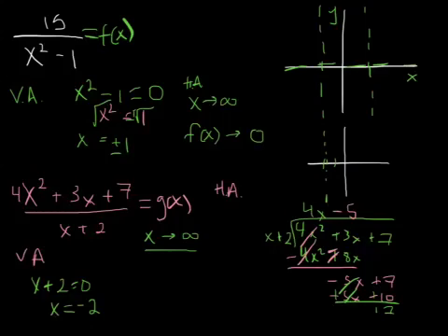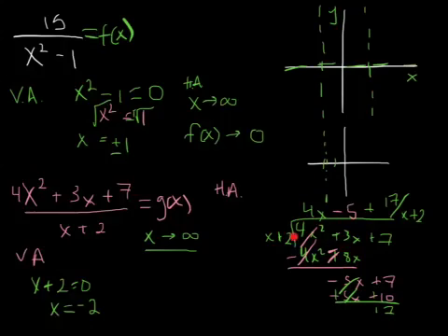And now it's important to remember, what do I do with the remainder, right? I add it and make sure that it's over the divisor, x plus 2. If this is something that you're confused with, go back and watch that video. But remember, what we're asking is what polynomial, that's our answer right here, can we multiply by x plus 2 to get 4x squared plus 3x plus 7?